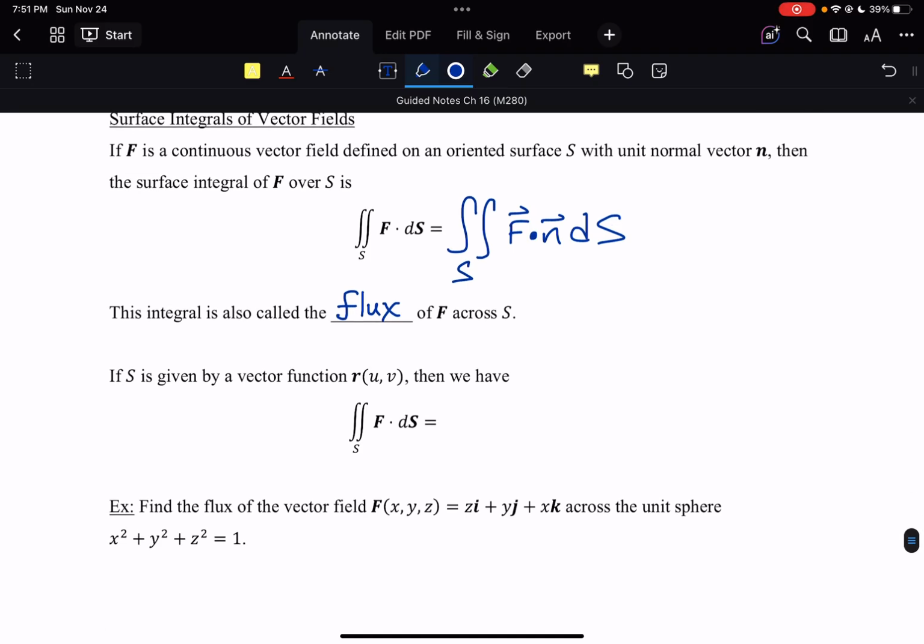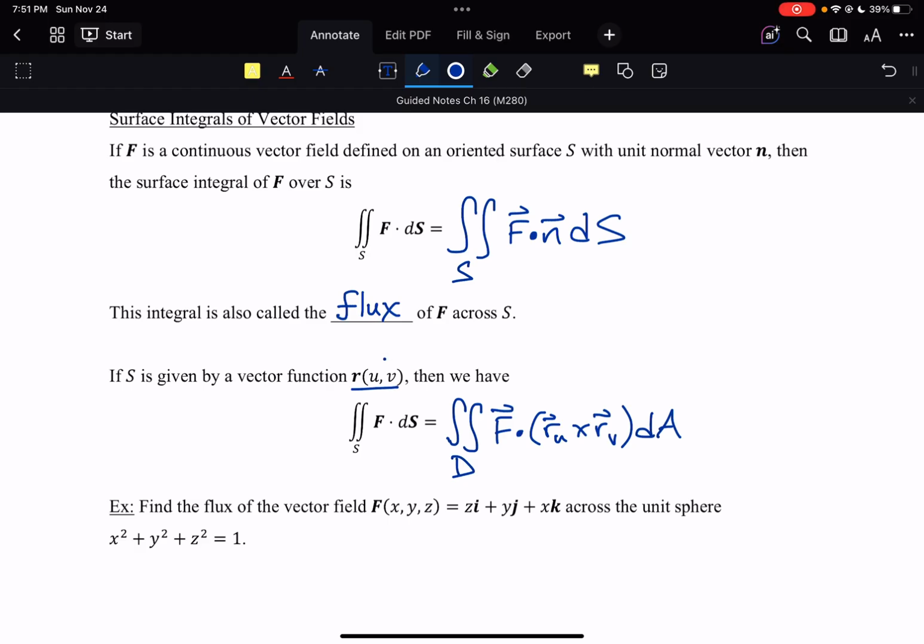If S is given by a vector function, r of u v, so we have our parameterized version of the surface, then this surface integral becomes the double integral over D of F dotted with r_u cross r_v dA.